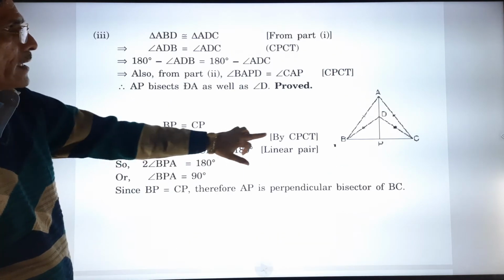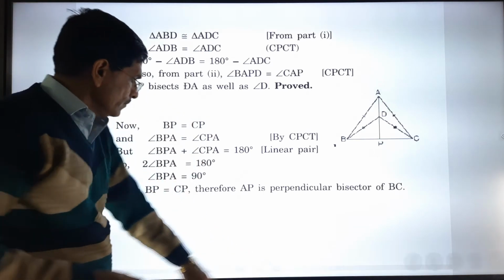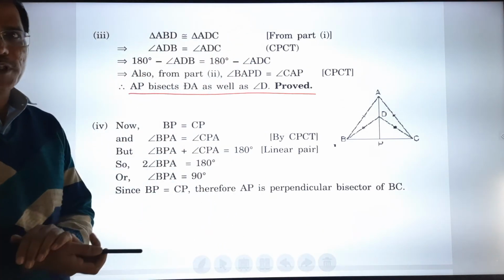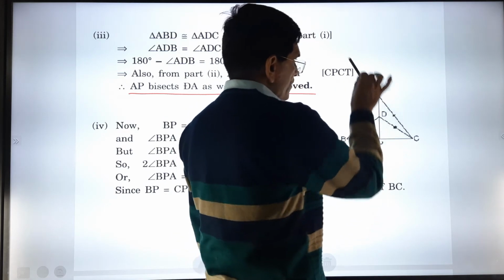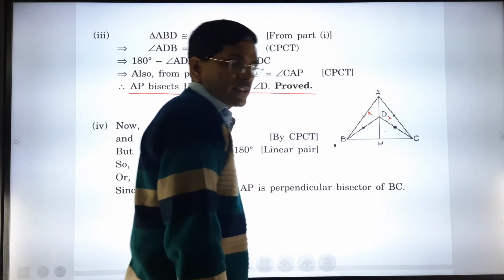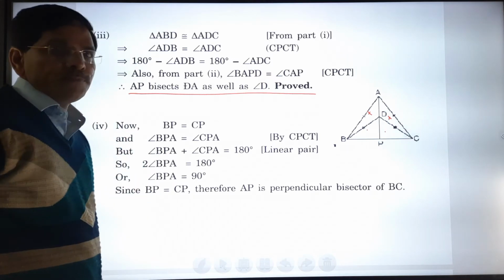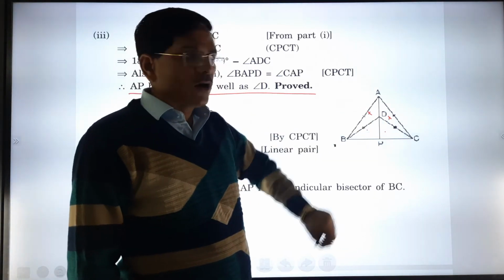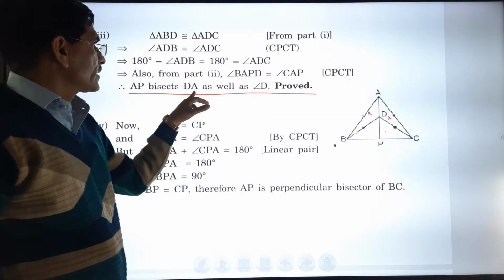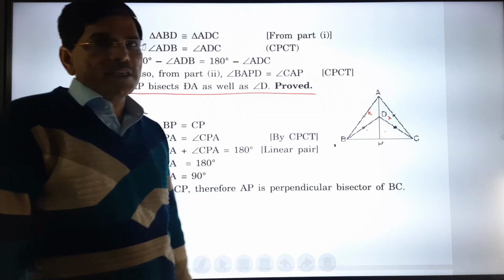In it, again a diagram is there. We have to prove that AP is a bisector of angle A and AP is perpendicular to BC. I have not explained this deeply because already in the first two parts we have proved everything about the two triangles. In the first and second we proved this triangle is equal to this triangle, so the two triangles are already congruent. So by using it we can prove that AP is the bisector of angle A and AP is perpendicular to BC.